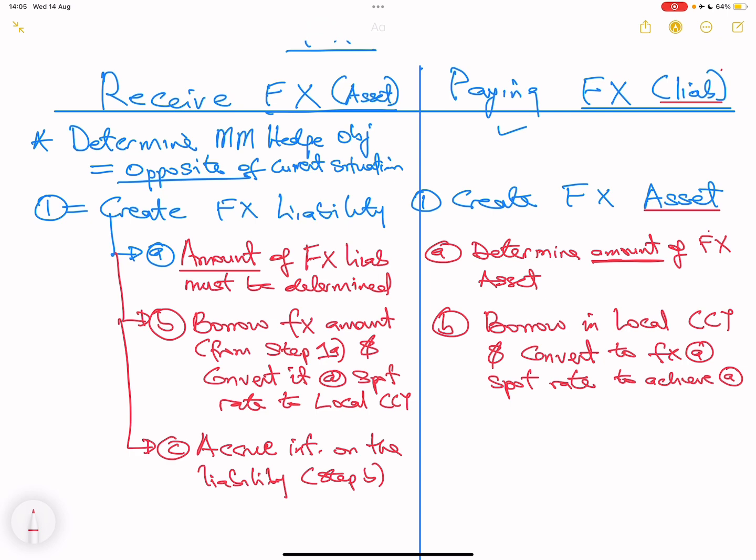Once we know the amount of FX asset we need today, we ask ourselves, how much of our local currency will be equivalent to that asset? Then we can now borrow that. And once that is done, the next step, similar to the other side, is to accrue interest, because we must always accrue interest on our liability.